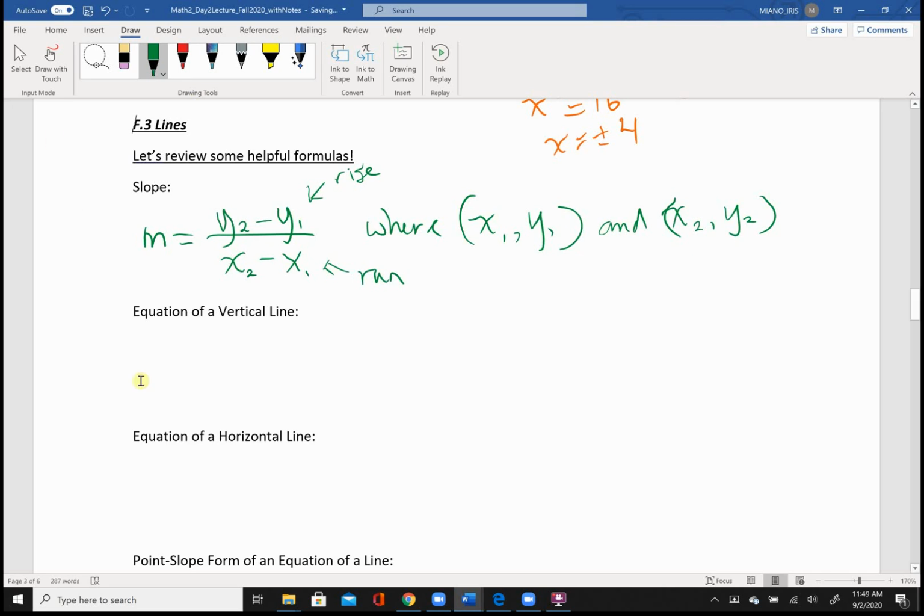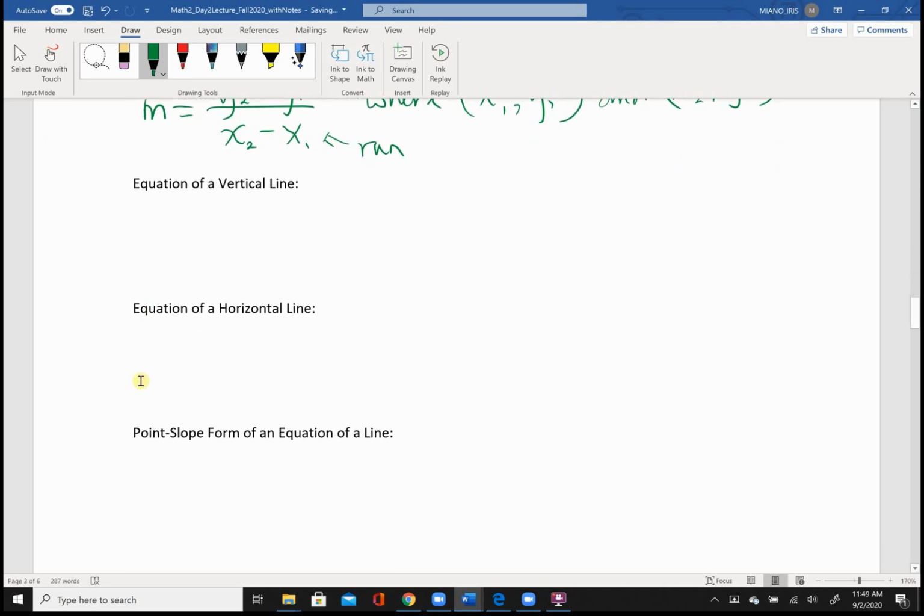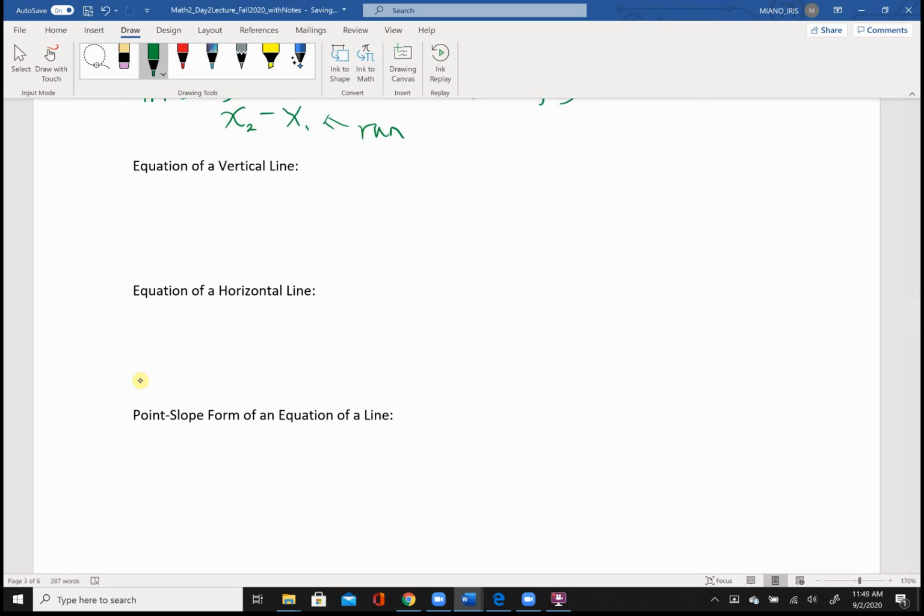Equation of a vertical line. Vertical lines always come in the form of x equals a, where a is some real number. A is an element in the real number set, so I'll specify that with a little bit of mathematical shorthand. This funky looking e, I think it's Greek, is shorthand for "is an element of," and this fancy R is the shorthand for the real number set.